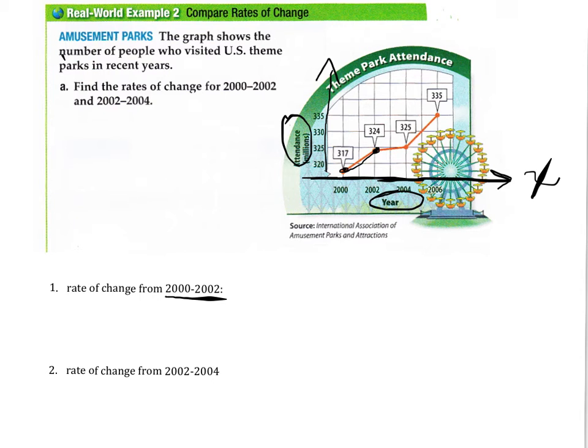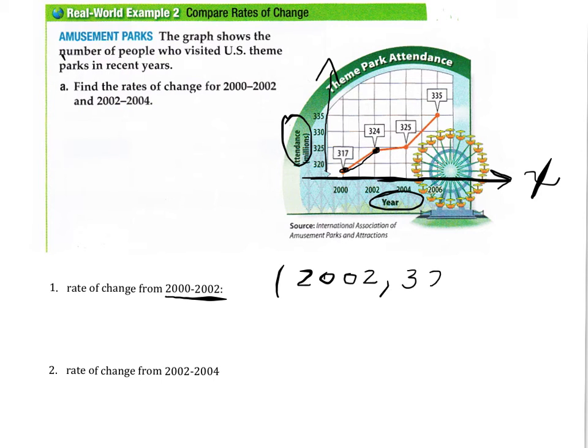So we need to identify the ordered pair or the coordinates of this first point. So the x value is 2002. The y value, you're told it exactly, 324.